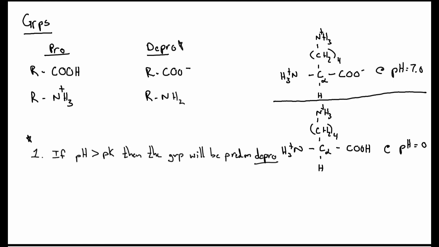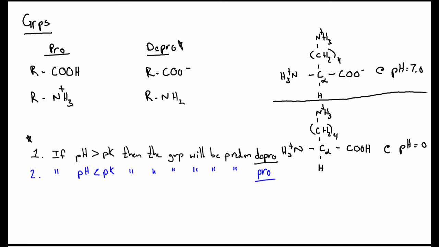So if the pH is greater than the pK, then the group will be predominantly deprotonated. And let me write up a second rule here. If pH is less than pK, then the group will be predominantly not deprotonated, but protonated. And this is all based off of the Henderson-Hasselbalch equation, but also just our understanding of pK.